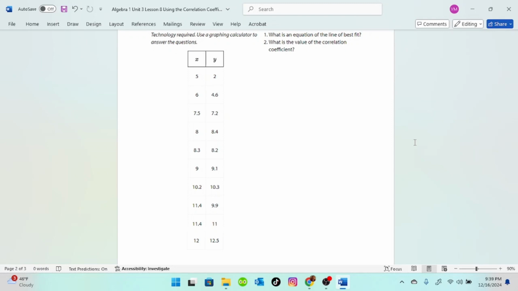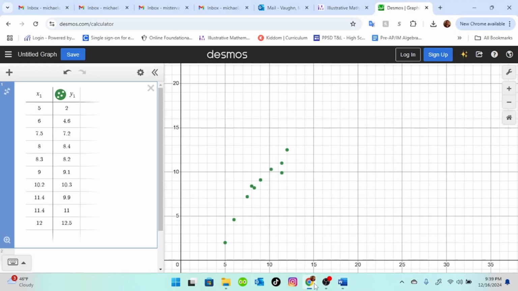as in previous videos, anytime I see technology required, I'm going to be using the Desmos.com graphing calculator. So, what you're going to do is recreate this table on the left in the Desmos calculator. To do that, you're going to go to desmos.com/calculator.